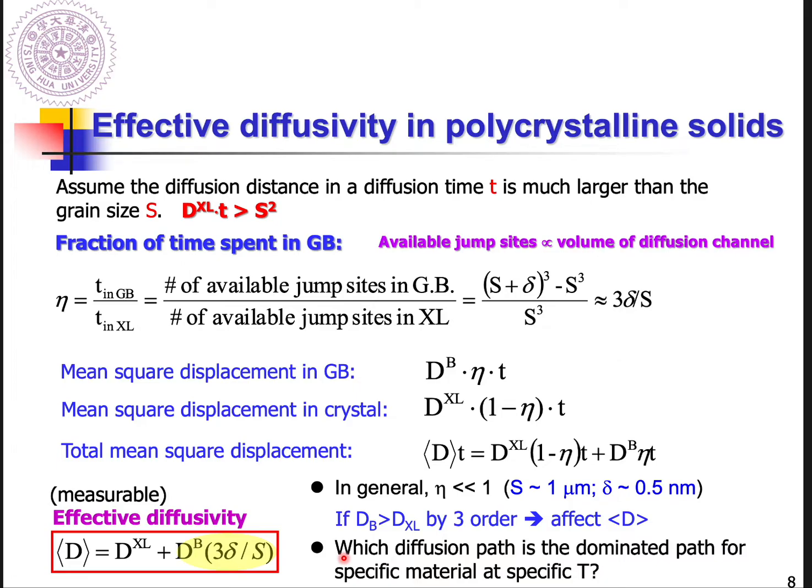But at my interesting temperature regime, we want to know which diffusion path is dominant, for a specific temperature or within the interesting working temperature.